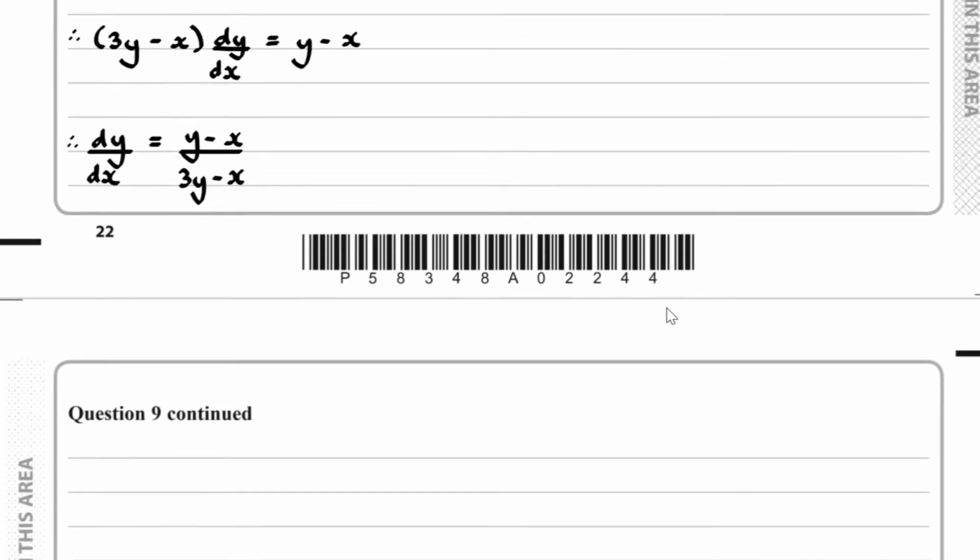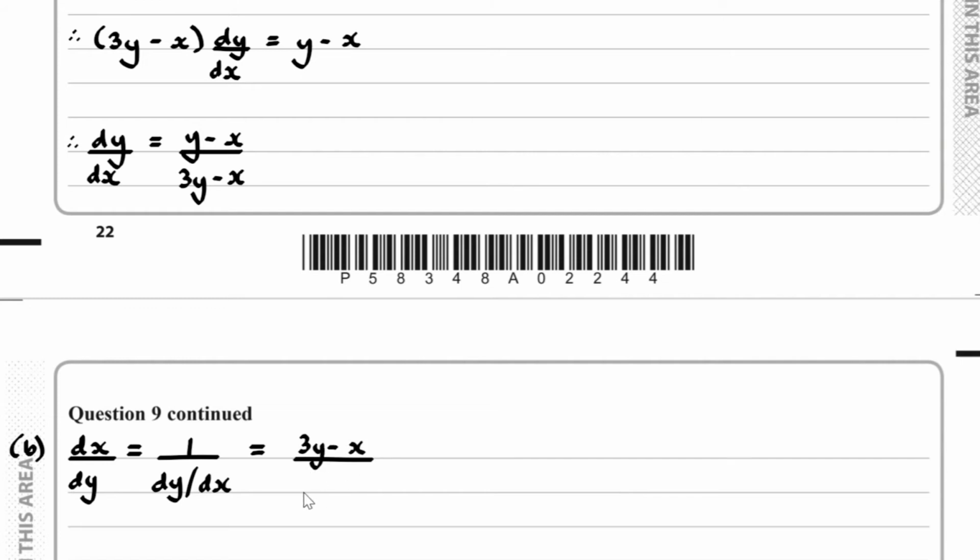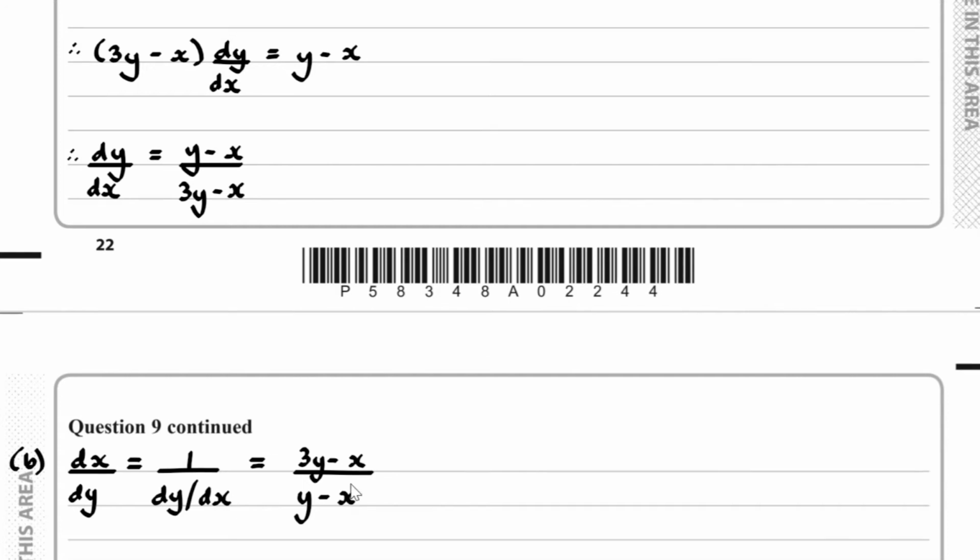And so if we know what dy over dx is, then dx over dy will equal the reciprocal of this. So that's 1 over dy over dx. So 1 over this is equal to 3y minus x over y minus x.